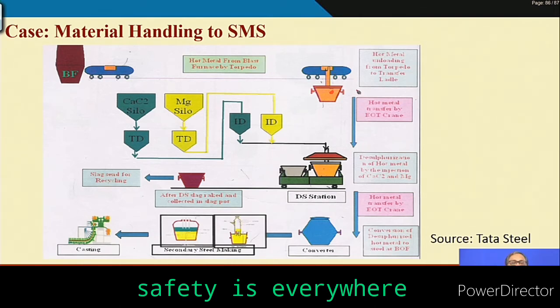Suppose we want to do the preliminary hazard listing for this. With reference to material handling, you must know what the components or different system types are. First of all, hardware: it is mostly hardware type. Torpedo, ladle, then crane, then desulfurization, then SMS.